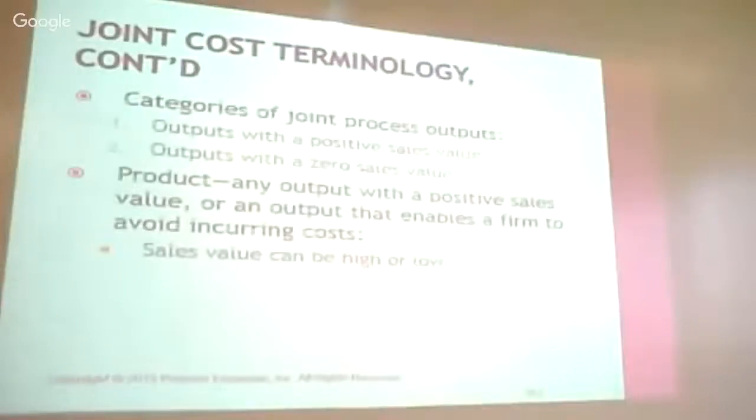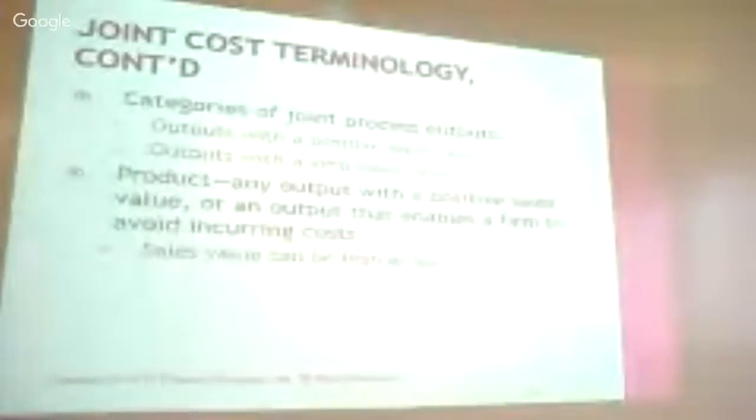All right, so we have categories of the joint process outputs. Outputs with a positive sales value, and outputs with a 0 sales value. So why would we have outputs with a 0 sales value? Or it has no value.